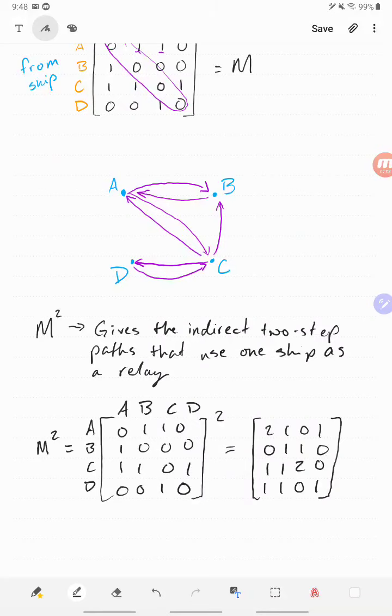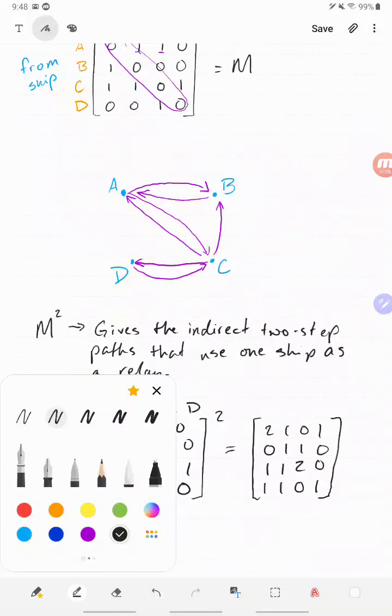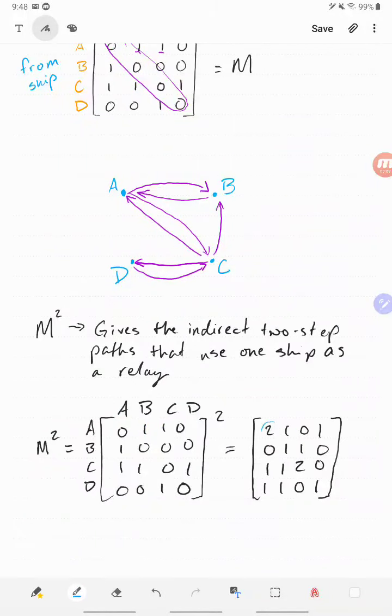So let's say I'm looking at this value here, this 2. That tells me the number of two-step paths from A to itself. All right, so I could go A to C and then C to A, right? A to C, then C to A. That is a two-step relay.